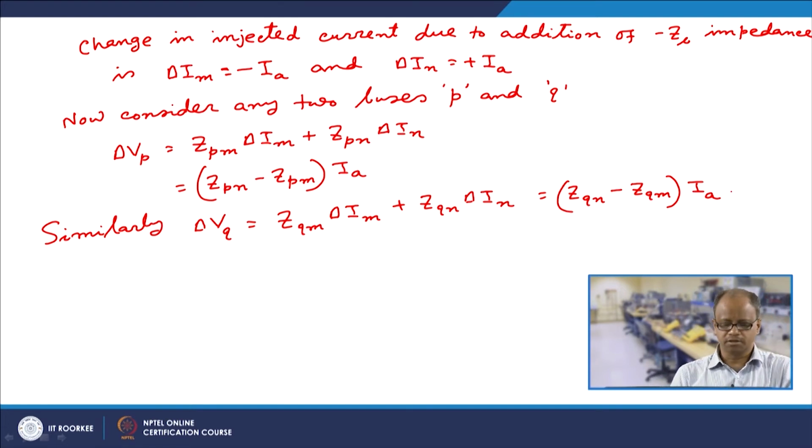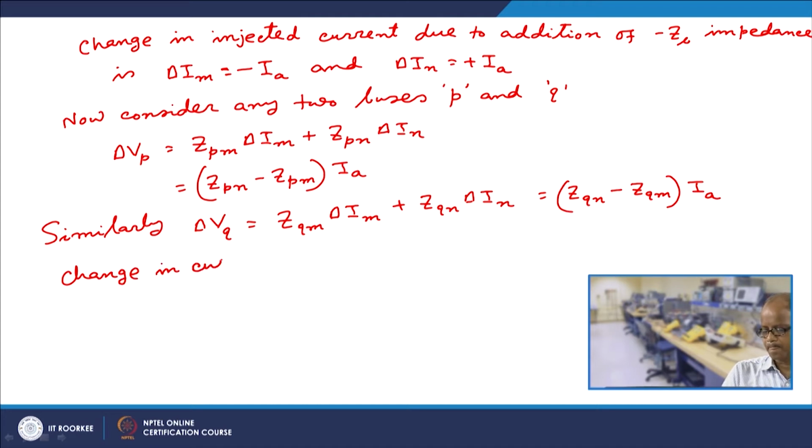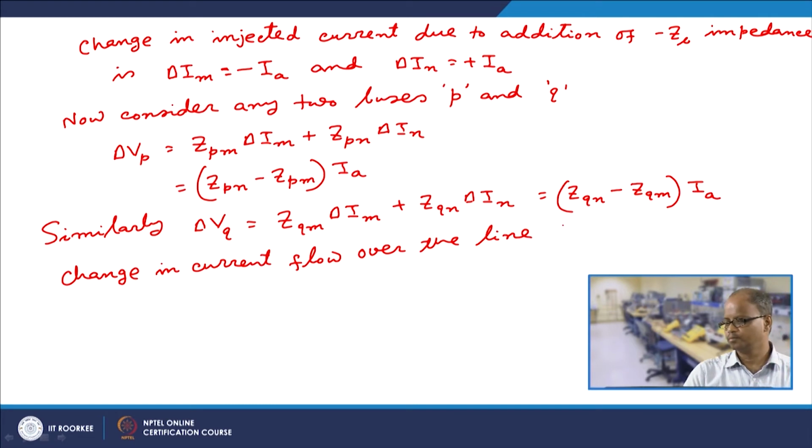Now, what is delta I_PQ? The change in current flow over the line PQ would be what?